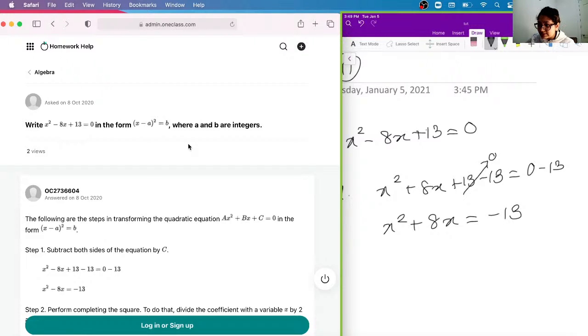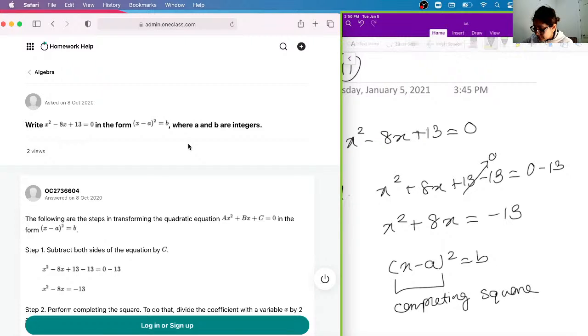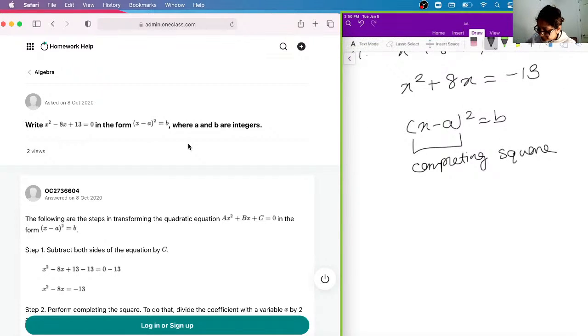And so the next step would be to perform completing the square. As you can see, x minus a squared equals b is kind of like a vertex form, or perfect squares. In order to do that, if you guys recall, we take the middle term and divide it by 2 and then square it.